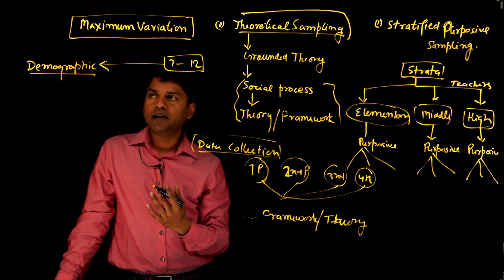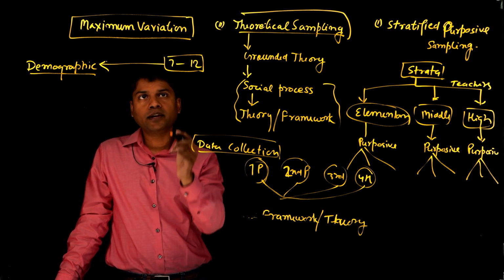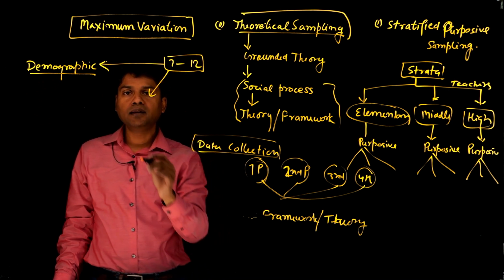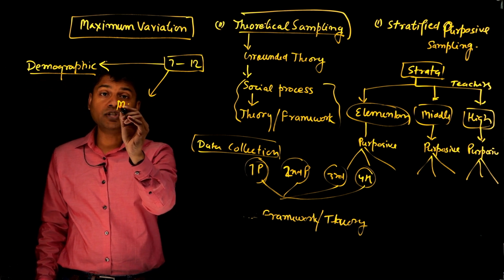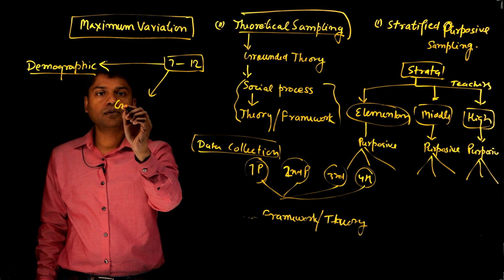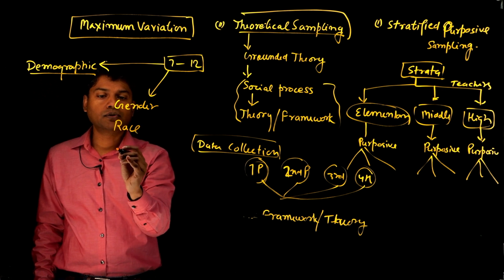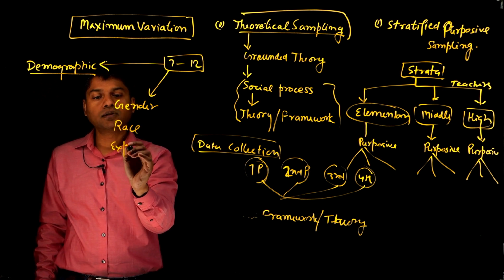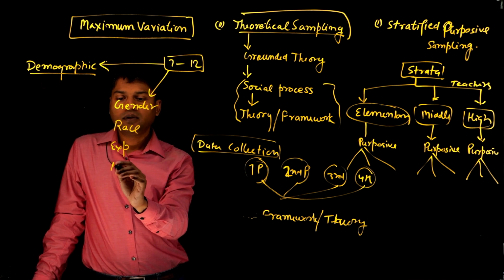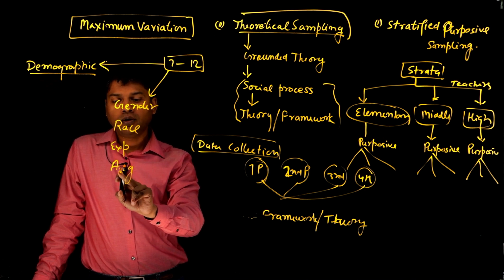Based on demography, I can achieve more variation within that pool. So in these 7 to 12 participants, I can achieve some variation based on gender, based on race, based on maybe experience, maybe some other criteria. So you try to achieve more variation within your sample.